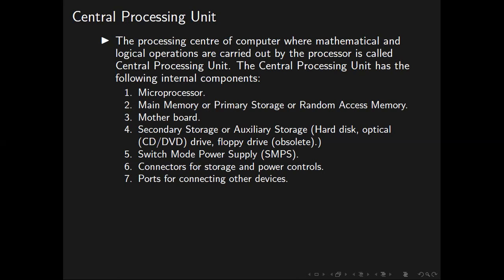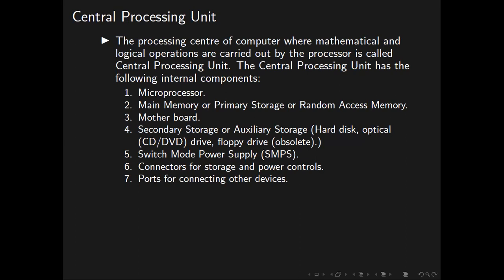The switch mode power supply takes 230 volts as input and converts it to several different voltages, 4.5 volts for the processor, 4.5 volts for the main power supply, then SATA power. Whatever other power supply we need is obtained from which unit? SMPS.